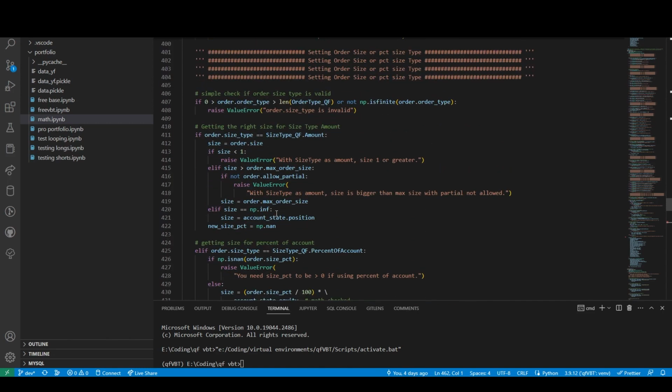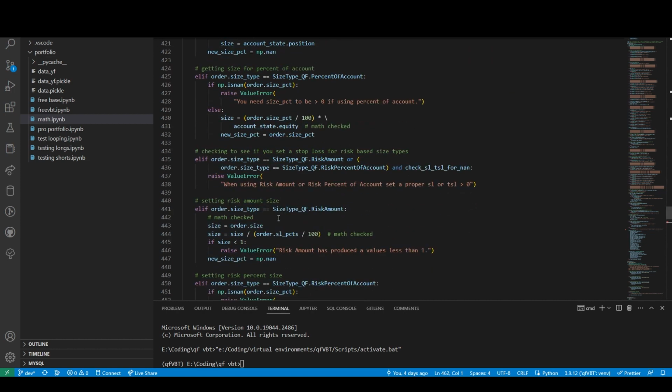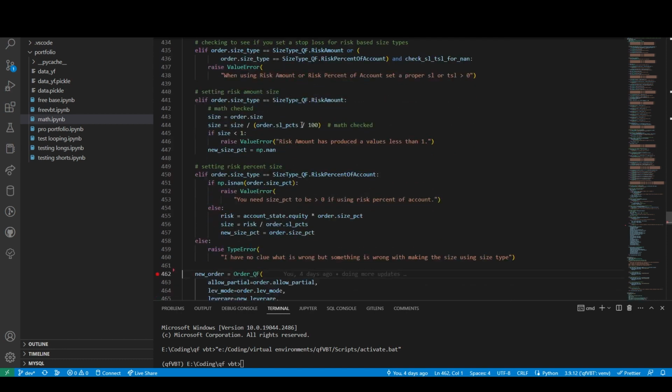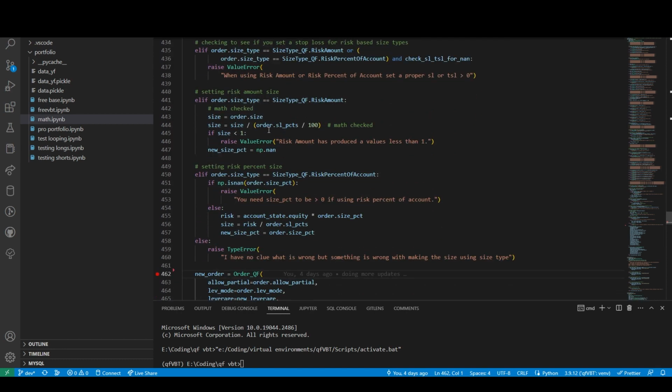I think messing around with this size, no. Here, I think maybe here, if I want to risk $1, the size equals size divided by this times this.